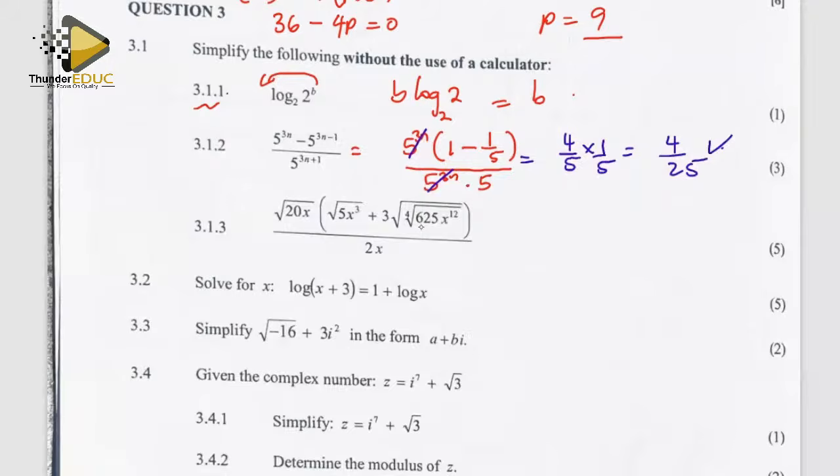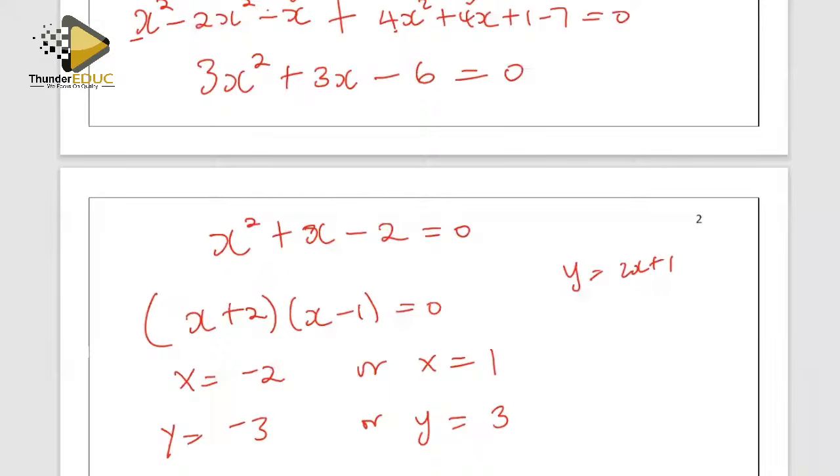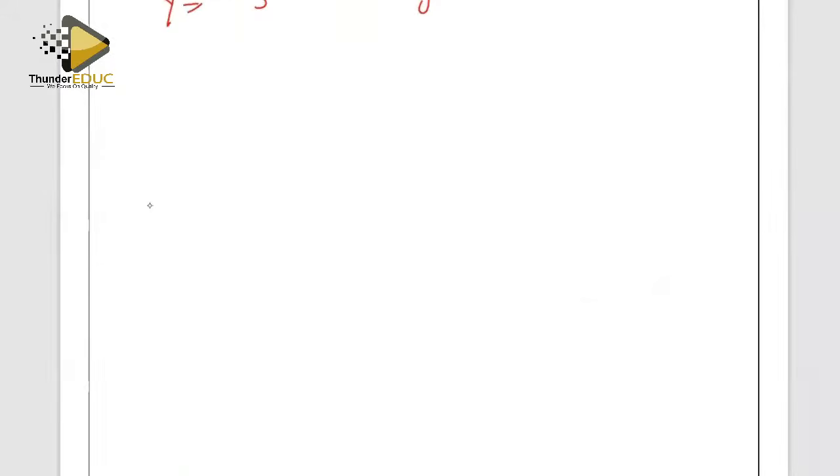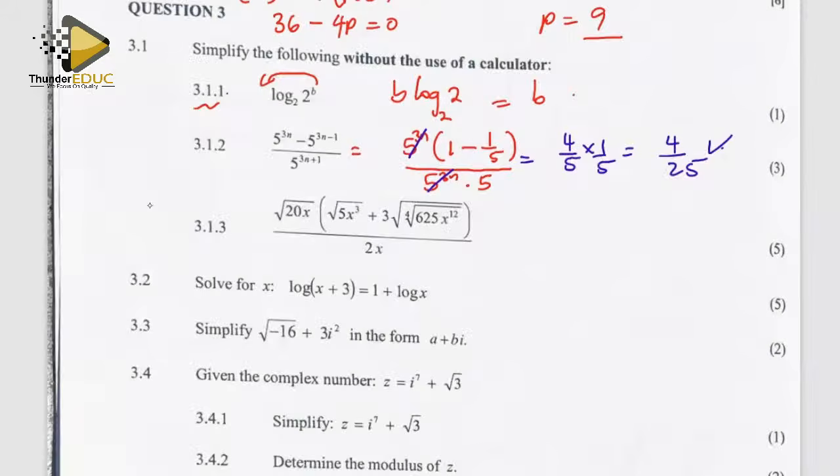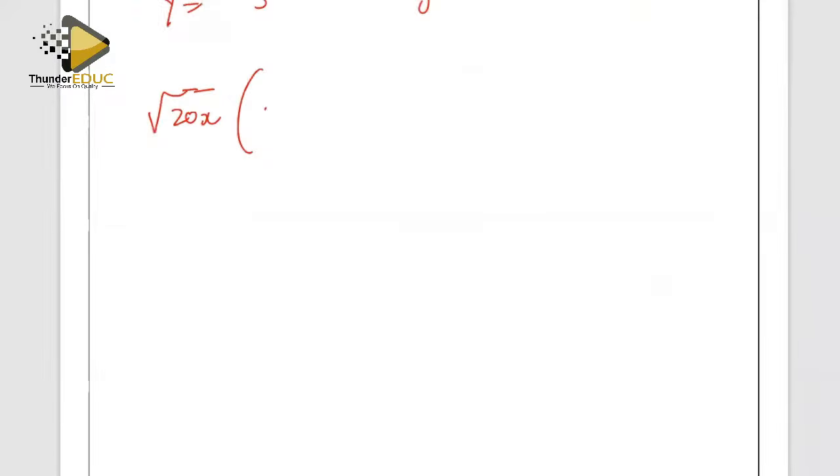All right. Then 3.1.3, okay. Let's see. What are we going to do first? Let me write it this side. So we have root 20x, the root of 20x, we're multiplying it by root of 5x cubed.